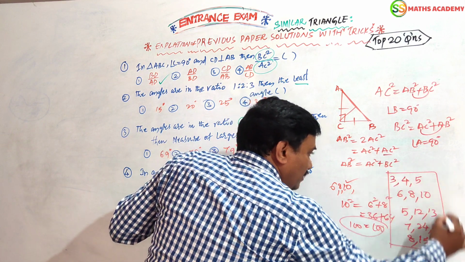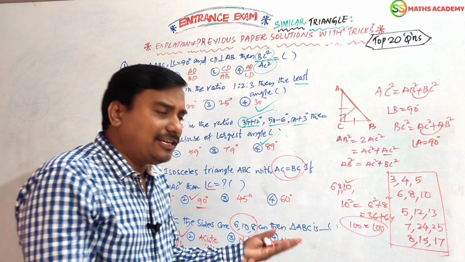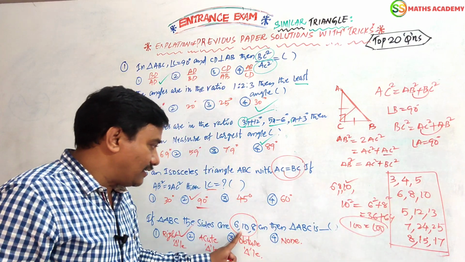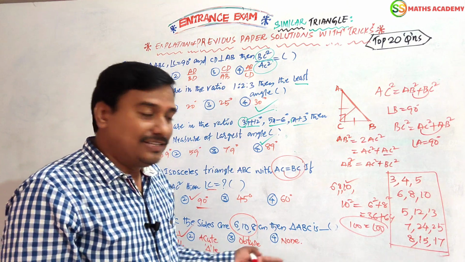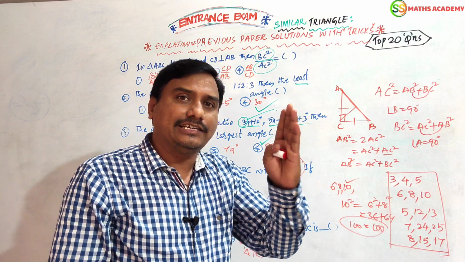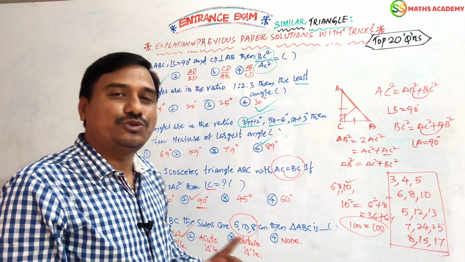These are called Pythagorean triplets. Keep in your mind, by seeing these values, it is automatically a right angle triangle. You know, this is standard GK. If you know the standard GK, sometimes it can be useful for such type of questions. No need to do any solution.